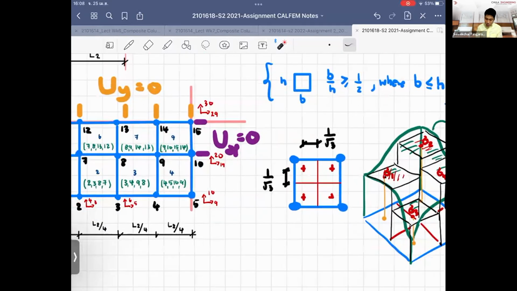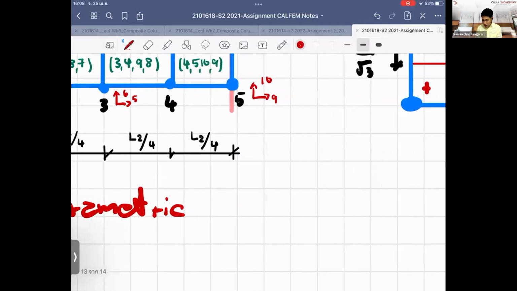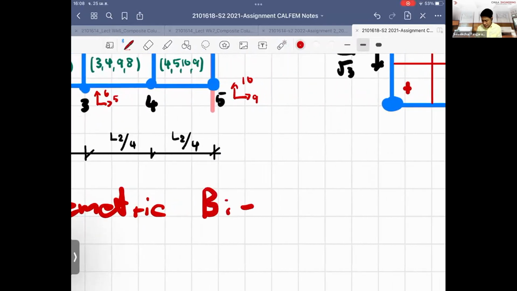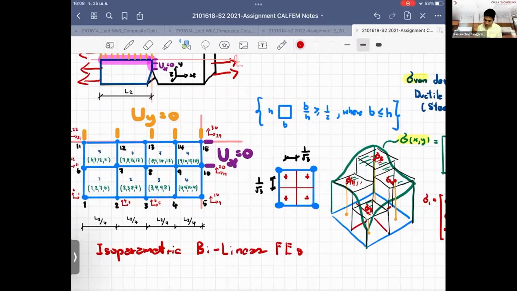But in our example, we assume that we use a standard isoparametric, and the function we use is the bilinear element. So when we say this is a bilinear element, the number of Gauss points is fixed to be 2 by 2 in the plane problem, right? So we could not use more Gauss points.